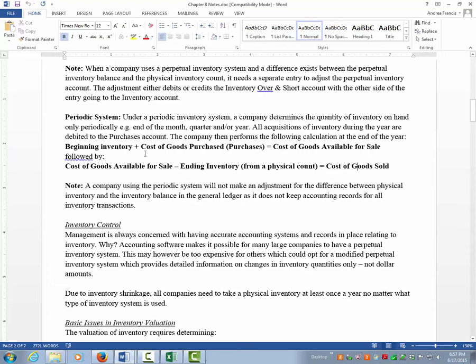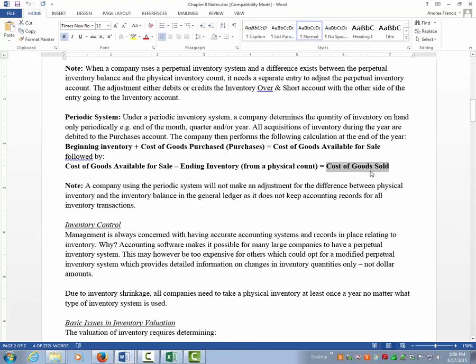This relationship is crucial to understand because if we do have errors in inventory, they may take place in the cost of goods purchased, in other words, the purchases. There may be a mistake in ending inventory, and the ending inventory of one year becomes the beginning inventory of another year. So there are all types of knock-on effects. Remember that cost of goods sold is an expense which goes to the income statement.